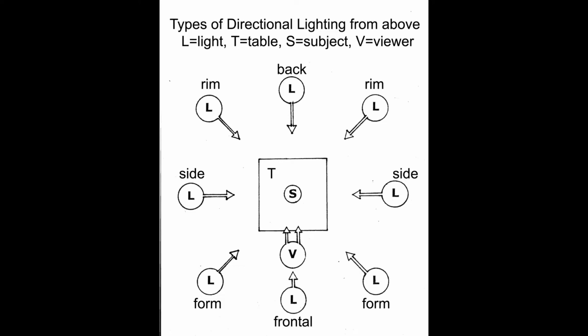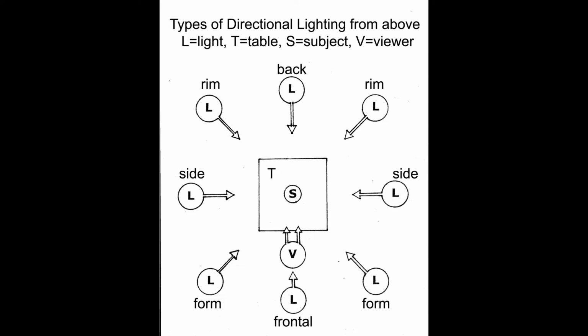Backlighting is coming from behind the object and toward the viewer, therefore the subject is all in shadow. Rim lighting can occur on either side, and that's just an angle that's in between side and back lighting, as is the form lighting, an angle that's between the side lighting and the frontal lighting.